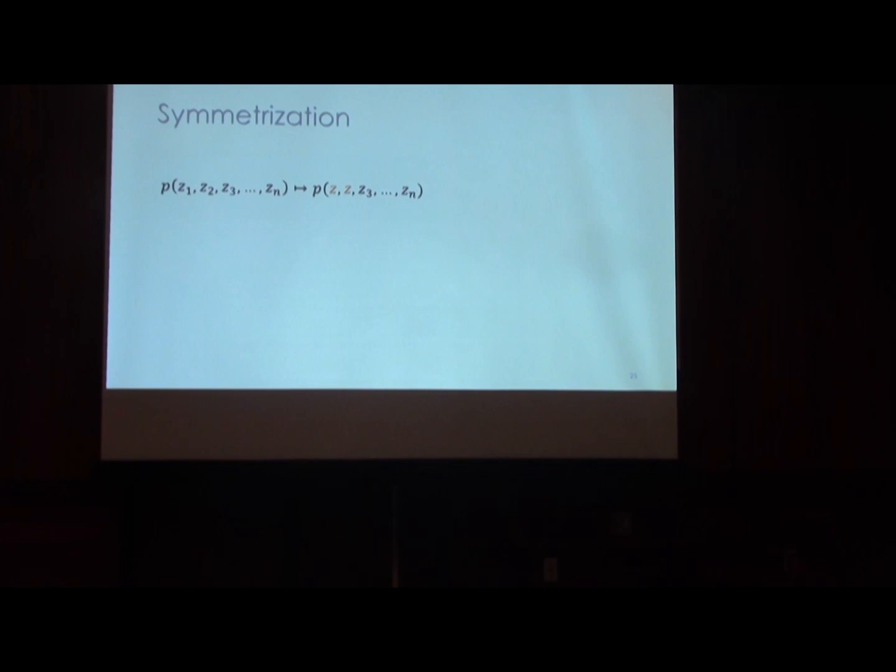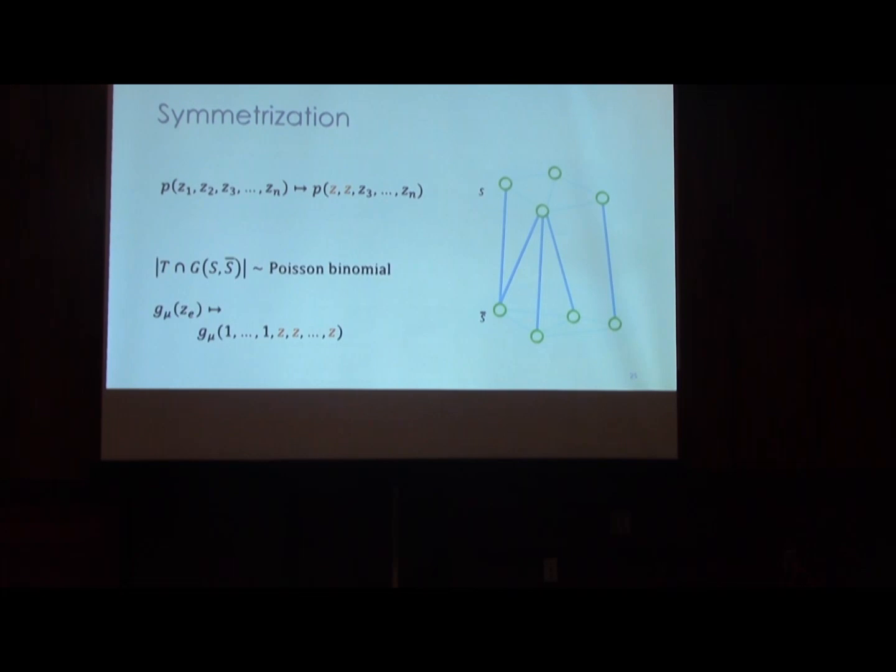There is also an operation called symmetrization, where for two of the variables, you plug in the same variable for both. If you do this to the spanning tree distribution projected on the edges of the cut, so you first project on the edges of the cut, and then you plug in the same variable for all of the z's that are in the cut, you end up with a univariate polynomial.